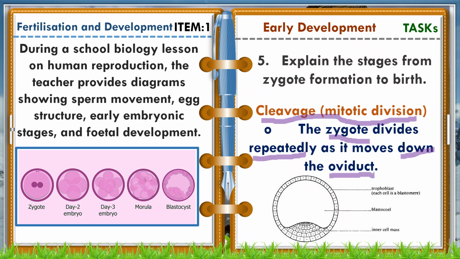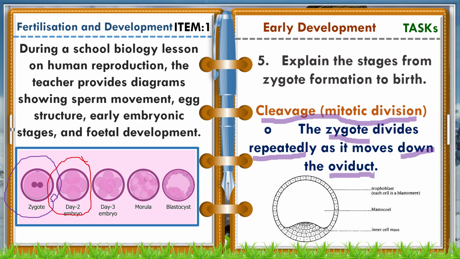So, when you look here, we have said we have formed our zygote, and we saw the chromosomes aligning themselves, the paternal and the maternal. After that, it is going to undergo what we call mitotic division.